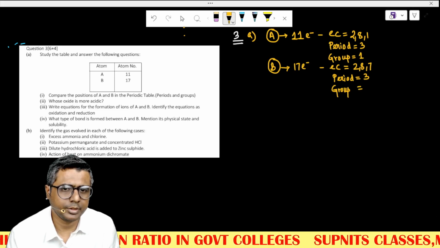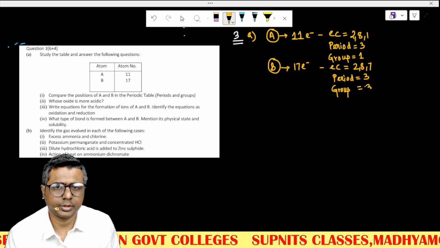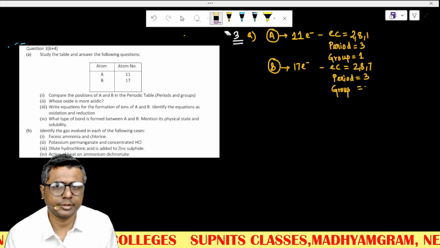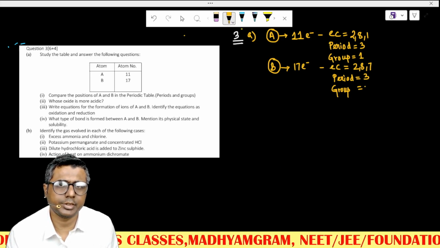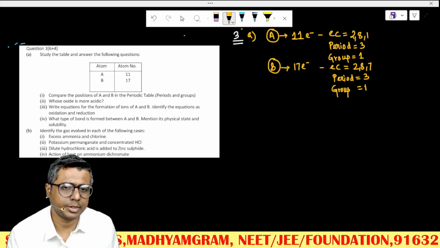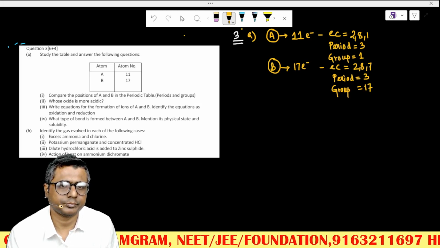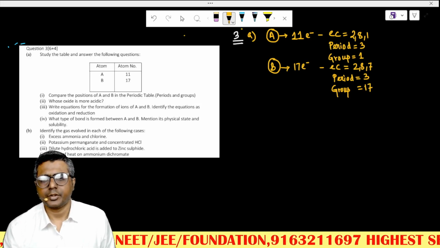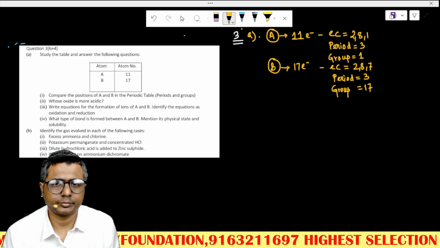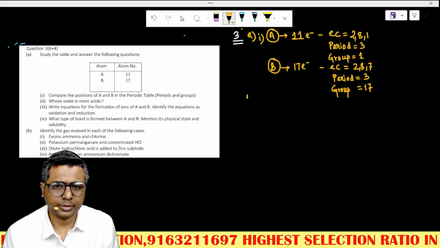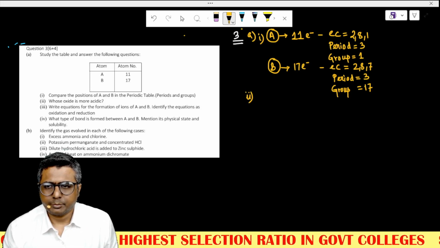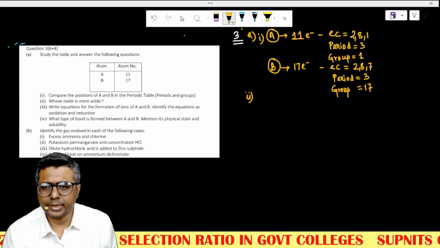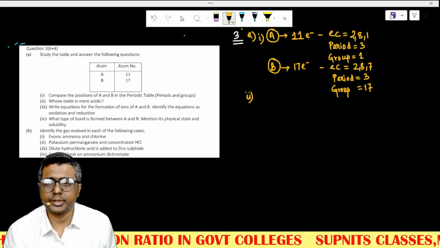Group will be 17. 7 valence electrons, more than 2 valence electrons, add 10 to it, so it will be group 17. Done. So the first question is done. Number 2. Whose oxide is more acidic?